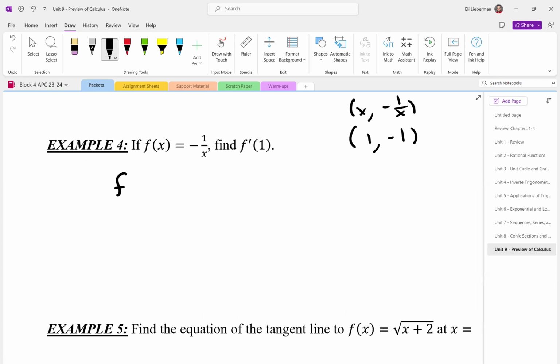What are you going to do with all these points? We find the slope. Yeah, exactly. So what's the slope of that line?